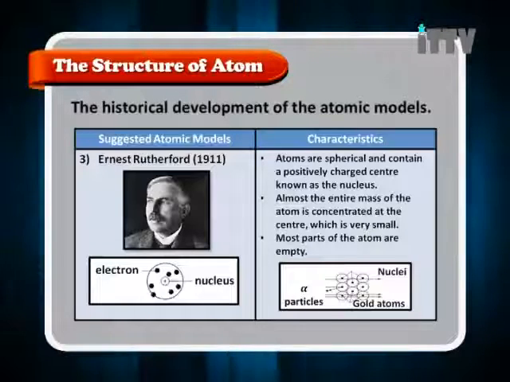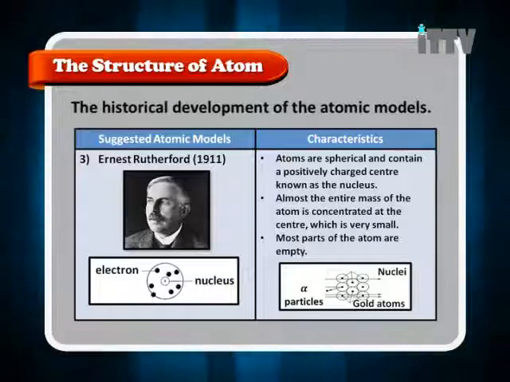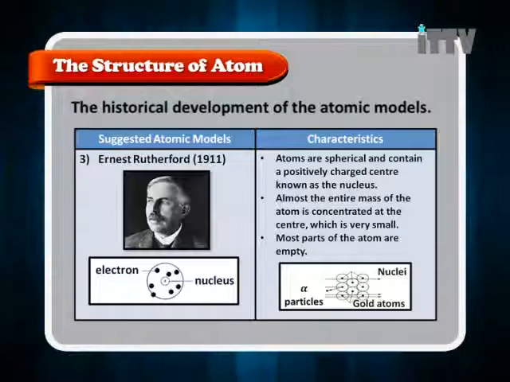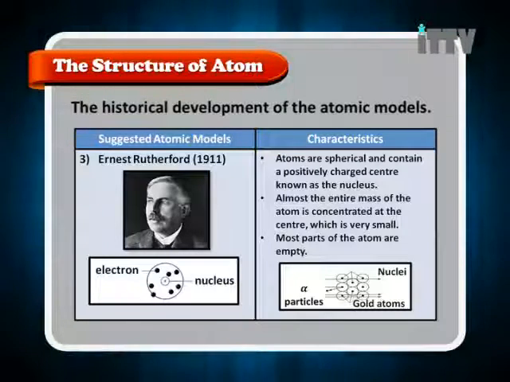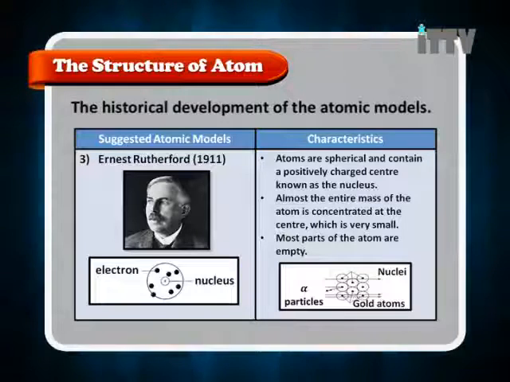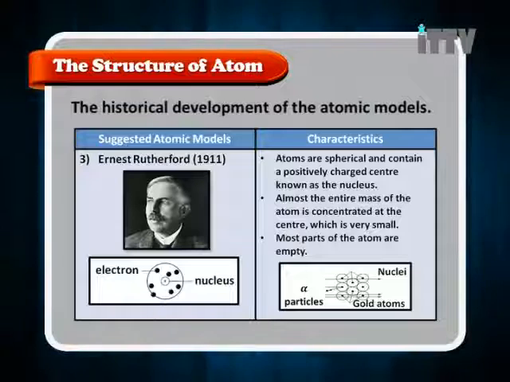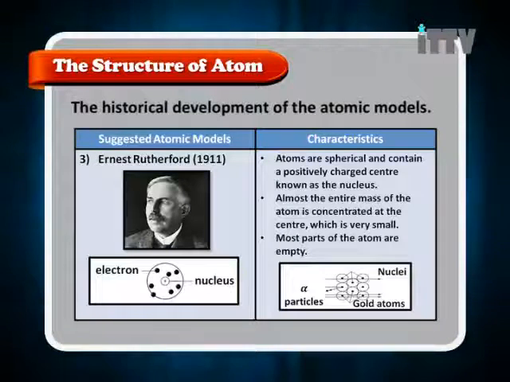Ernest Rutherford, 1911. Characteristics. Atoms are spherical and contain a positively charged center known as the nucleus. Almost the entire mass of the atom is concentrated at the center, which is very small.